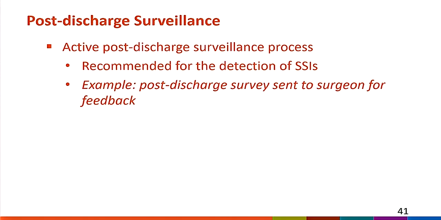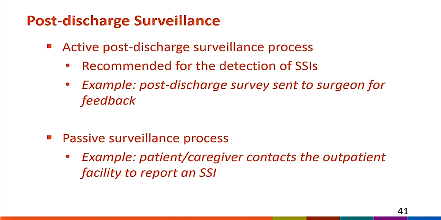Monitoring for SSI events requires post-discharge surveillance, and the OPC requires that ASCs record the method of identifying and detecting the SSI as an active or passive process. An active surveillance process is a process in which the facility has an active plan for identifying infections.